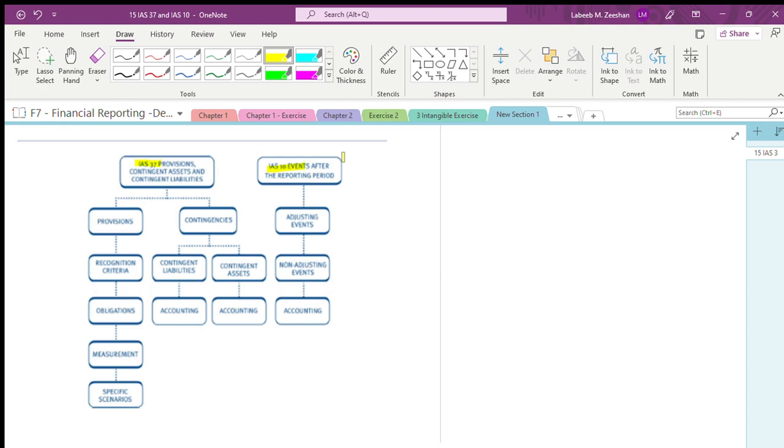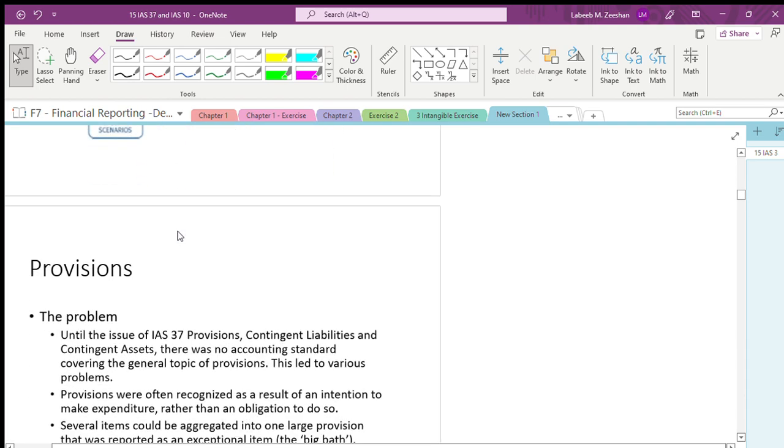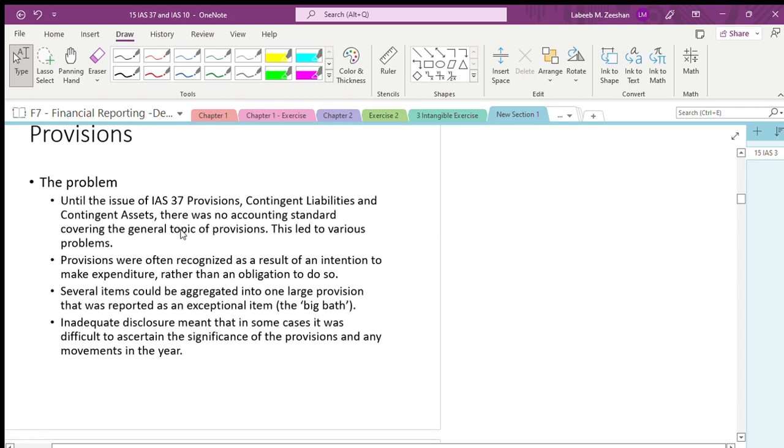IAS 37 covers provisions and contingencies, again contingent assets and contingent liabilities. For provisions, it covers recognition, obligations, how we measure them, and most important, specific cases.